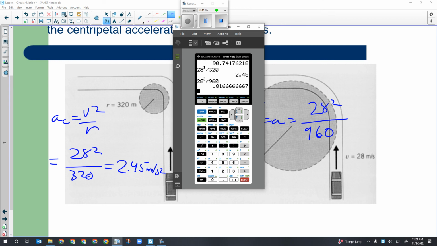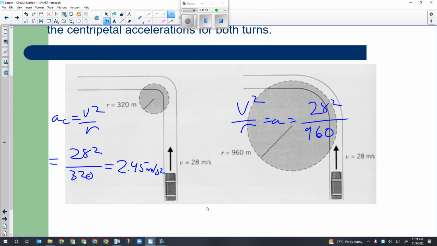Okay, that's 3 times less. If I multiply that by 3, it's 2.45. Okay, so taking the corner wider results in a smaller centripetal acceleration and thus a more comfortable turn, a safer turn, because of that increased radius. All right. Okay, everybody good with that idea?